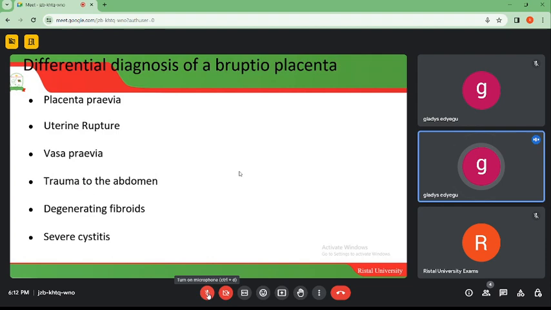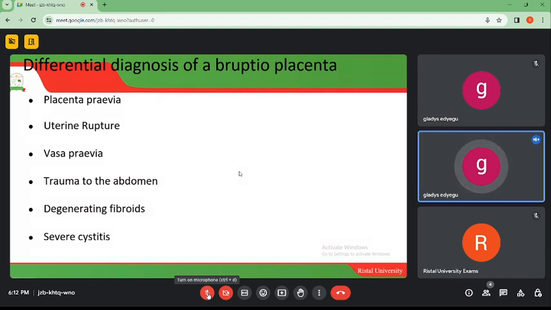What could be the differential diagnosis of abruptio placentae? Because you can get these mothers and they come bleeding, and you will think it is abruptio placenta, and yet it's not. So some of the possible differential diagnosis can be placenta previa, which we have already talked about, and can be placenta abruptio, and can be uterine rupture.